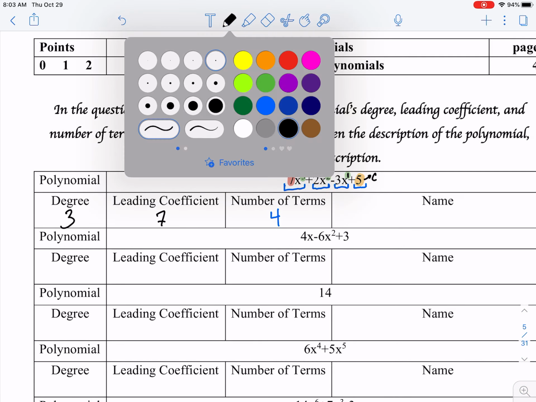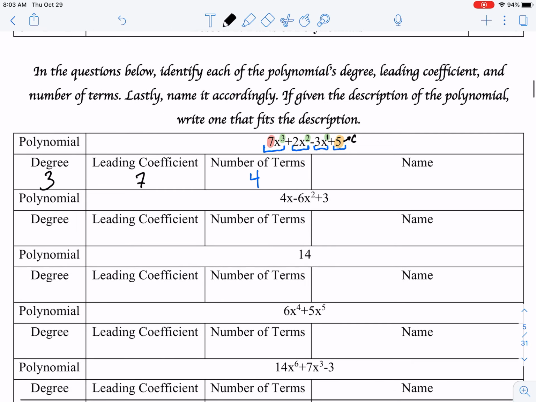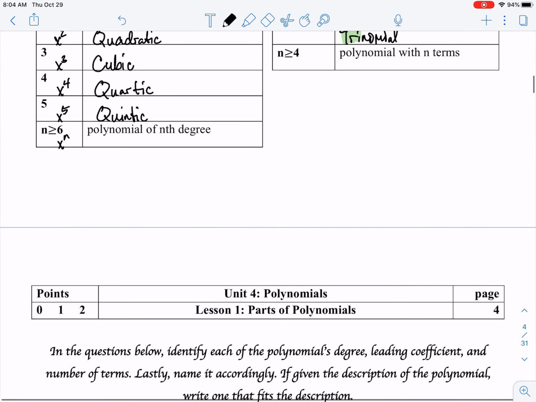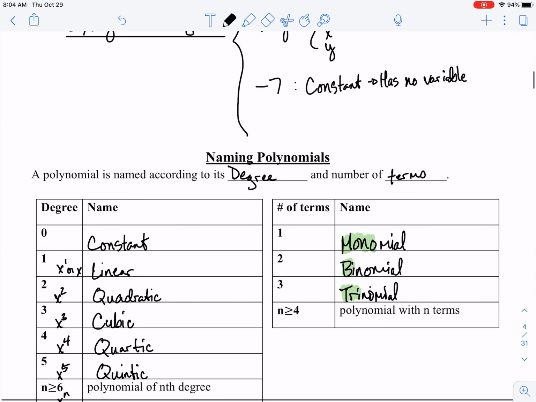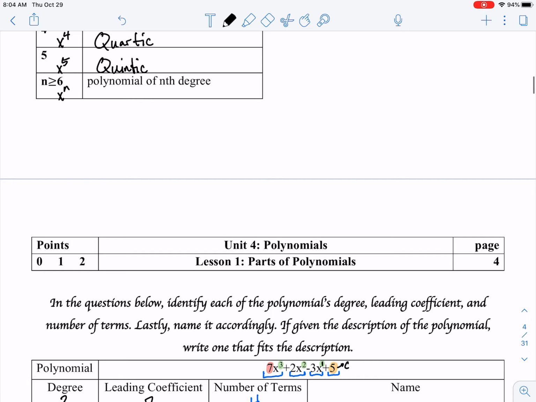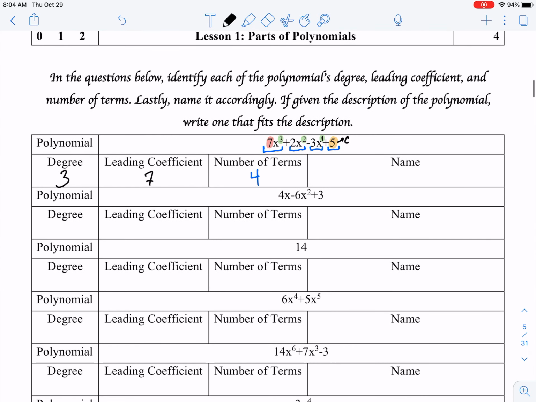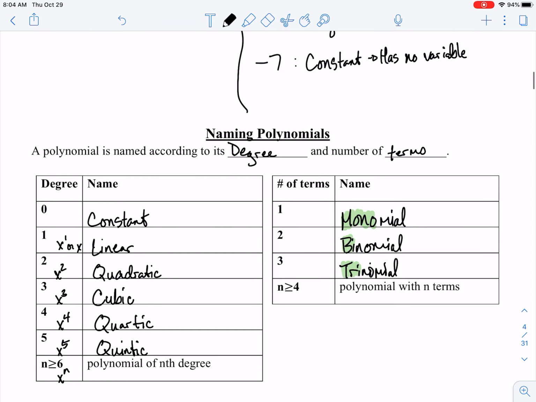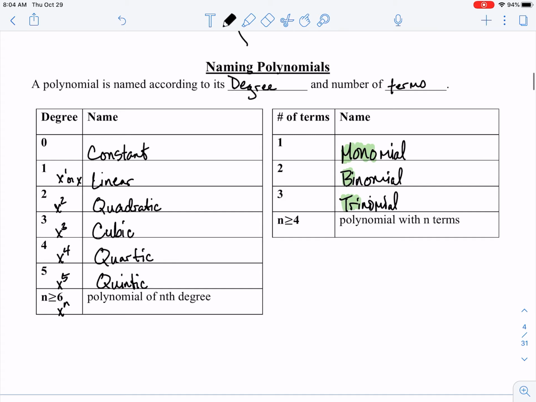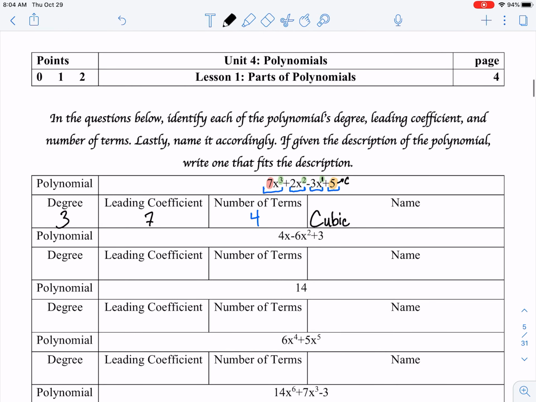Then what you do is you just write its name. Okay, so the way you write a polynomial, degree, number of terms. So the degree is 3, so it's a cubic. And then number of terms, 4 terms.